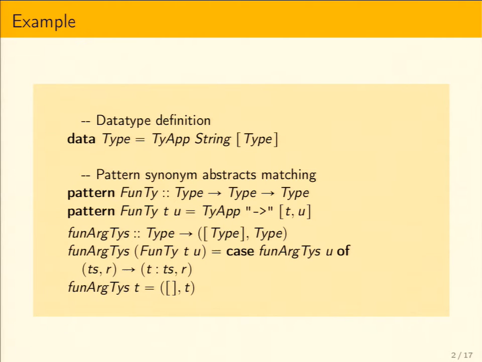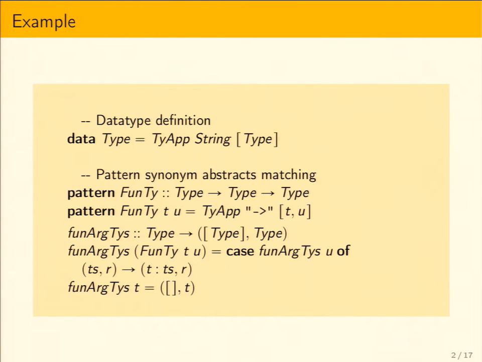In this example, we create a pattern synonym for function types. We say that funTy is a pattern which matches an arrow type and then matches two patterns against the two arguments of the function type.